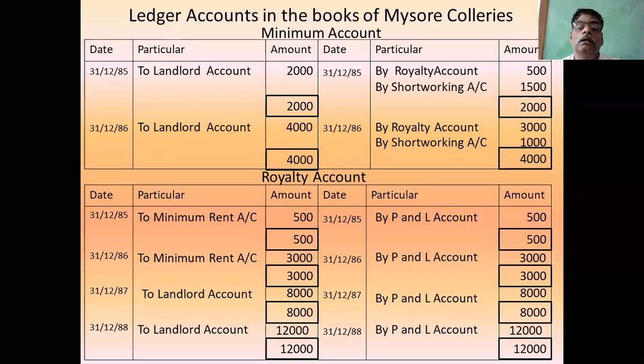Therefore, in first year and second year there is a change, and otherwise landlord. This is the small change you have to remember in case of minimum rent method. You have to solve the problem under minimum rent method only when they ask to prepare minimum rent account. Otherwise, you have to follow the original method. Okay, this is the royalty account.